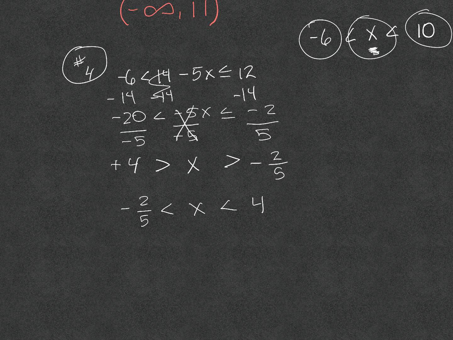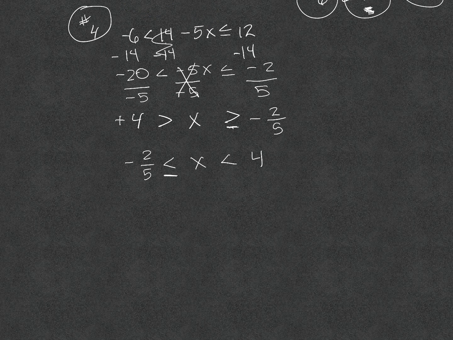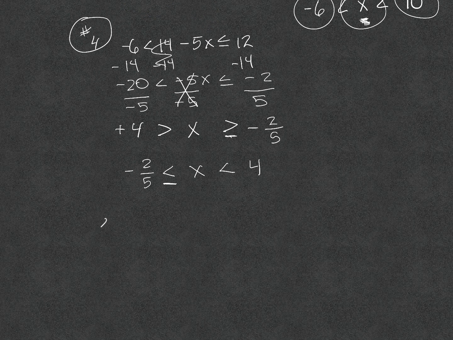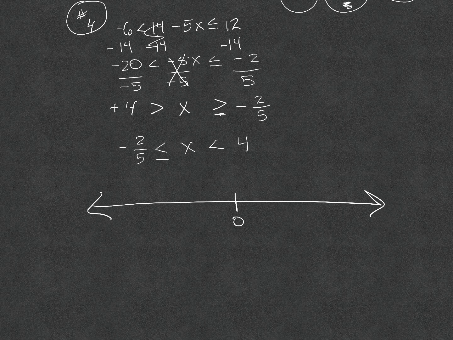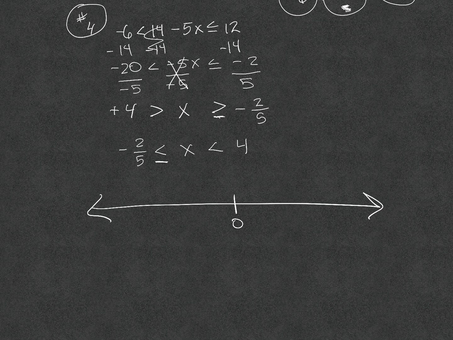Now I missed something. Oh, this is an equal or equal. There we go. Oh, try not to do that. You lose that and it's not graphed right. Don't do what I just did. So we could graph it. Now that we have a less than or equal sign, remember that does get a bracket.